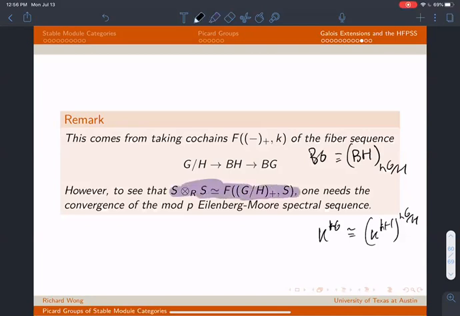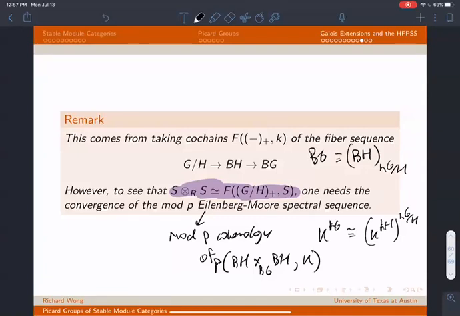You need the collapse of an Eilenberg-Moore spectral sequence, which computes the mod p cohomology of a fiber product BH tensored over BG with BH, which you can show is isomorphic to the above.